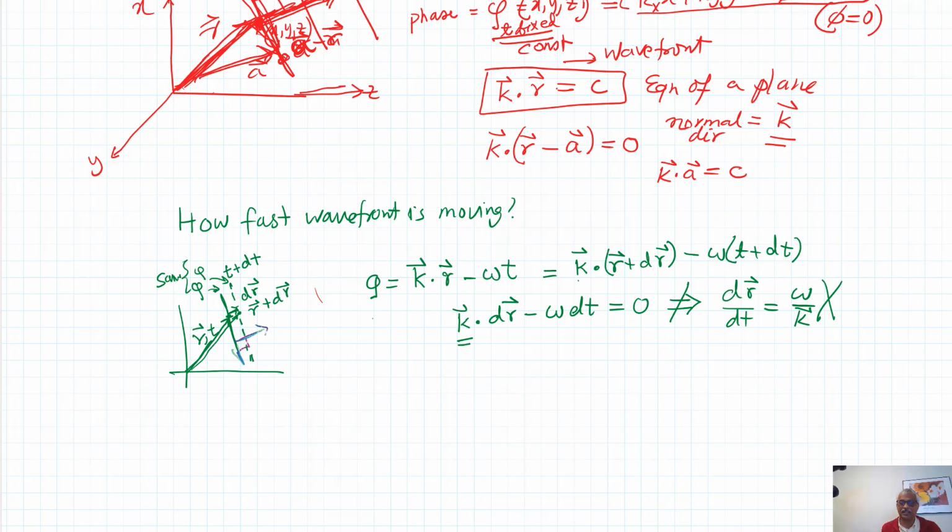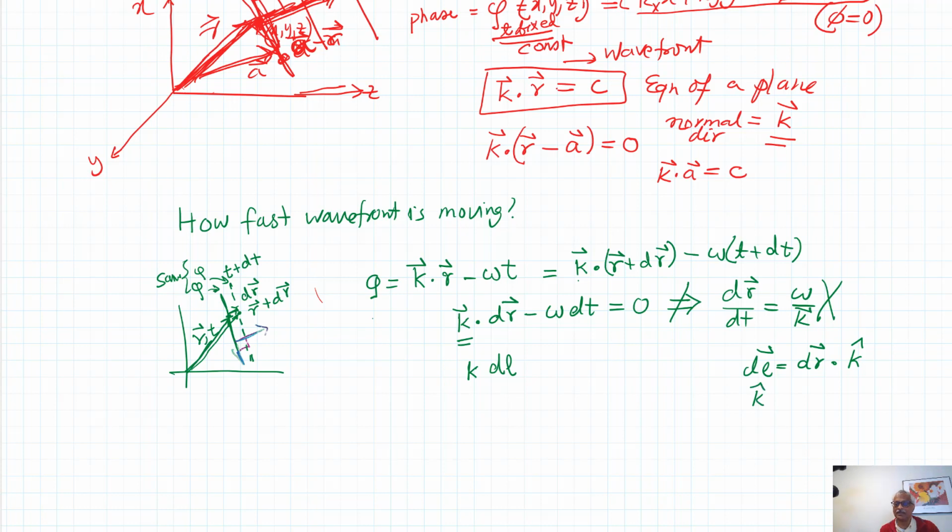So I'm going to interpret this as take the k and k dl. That's if I took a dot product. That's dl is dr dot k hat.